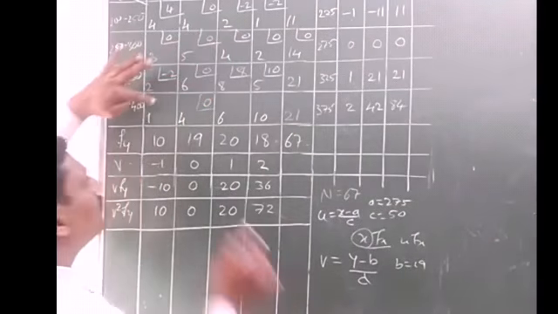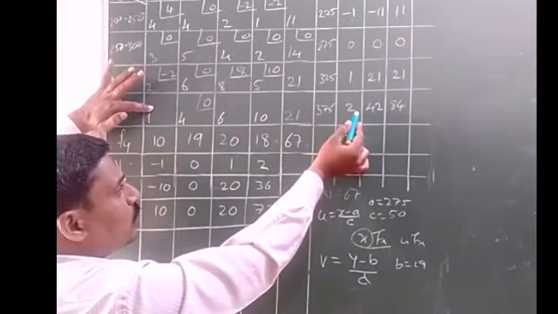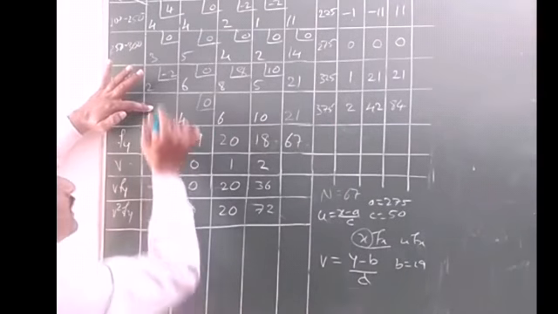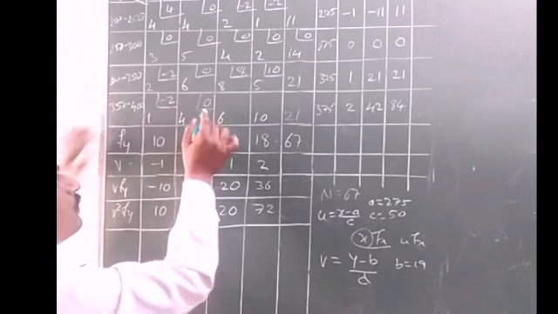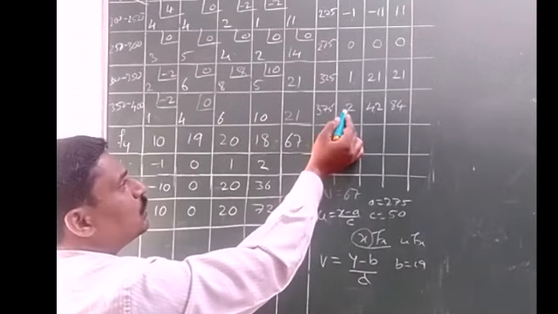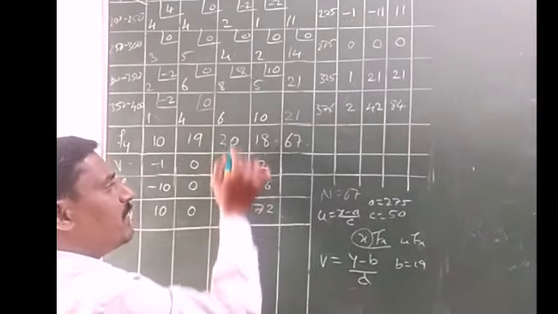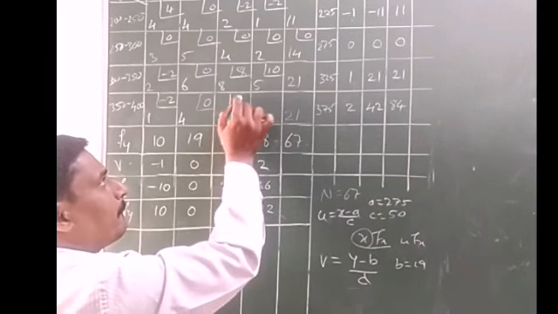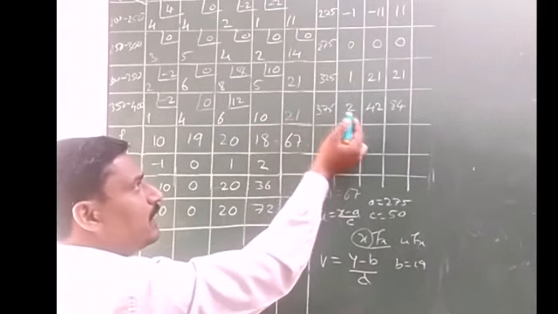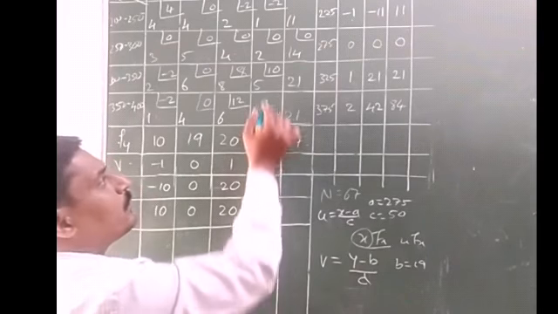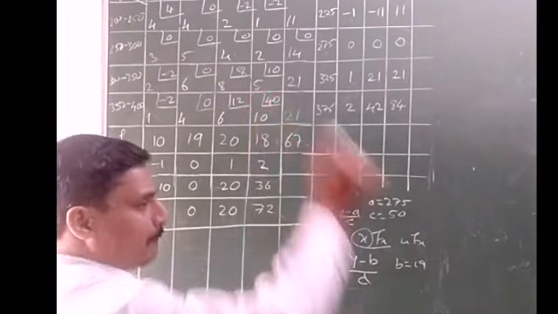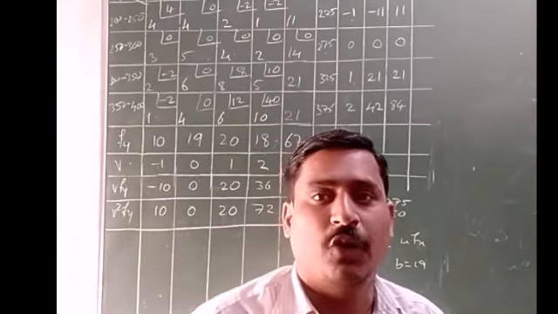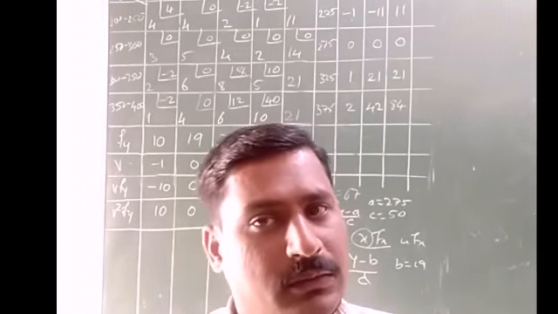And next 1 into 2 is 2. 2 into -1 is -2. 0. 6 into 2 is 12, 12 into 1 is 12. Next 10 into 2 is 20. 20 into 2 is 40. 20 into 2 is 40. Now one task is completed.